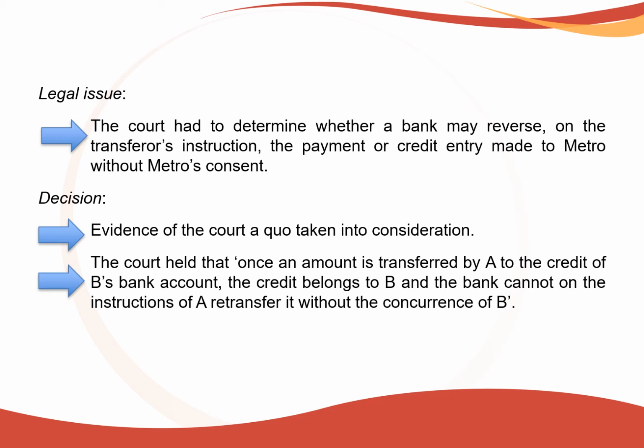The SCA confirmed the finding of the court a quo that once money is transferred by A into the account of B, the money or credit belongs to B, and the bank has to keep it at B's disposal. The credit can only be reversed with B's consent, so Metro's consent is required for the money to be transferred back to Mansour, which, as in the set of facts, Metro did not give. The bank was correct not to allow Mansour's instruction.